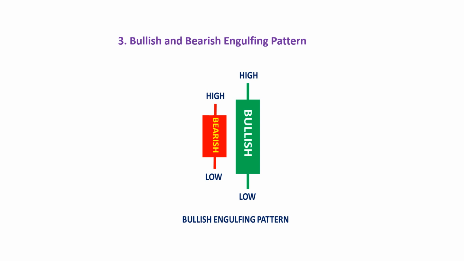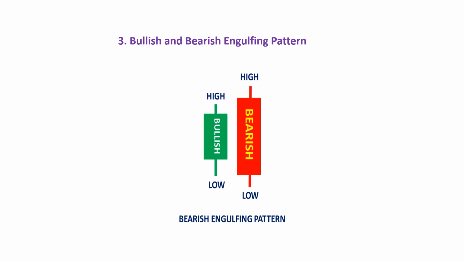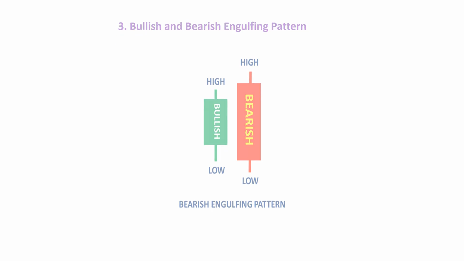On the other hand, a bearish engulfing pattern is observed when a big, strong bearish candle engulfs the previous small bullish candle. This pattern usually shows up at the top of an uptrend, conveying a strong bearish signal for a potential downtrend reversal. Later in this video, I will further illustrate how this pattern works.